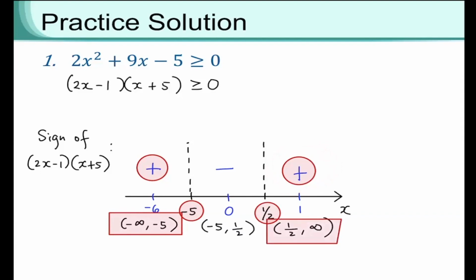So therefore, our solution set in this case is the interval negative infinity to negative 5, including negative 5, union with 1/2, including 1/2, to infinity. Any questions to this solution?